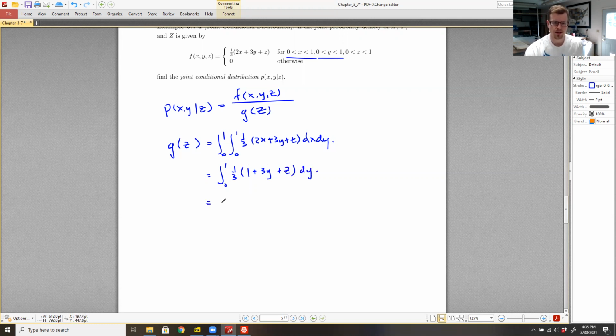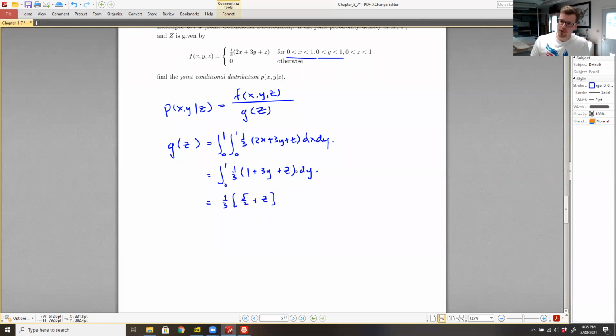And then again, you should be capable of performing this integration without any issues. Again, 1 is a constant, z is a constant because we're integrating with respect to y. So keep that in mind. And then we would have that this is equal to 1/3 times 5/2 plus z.